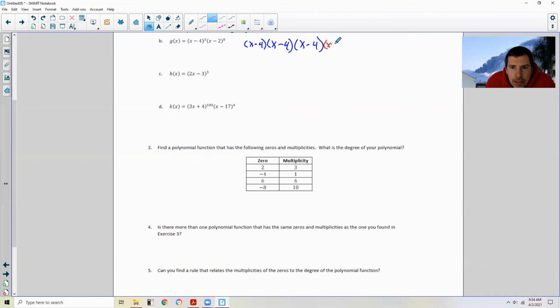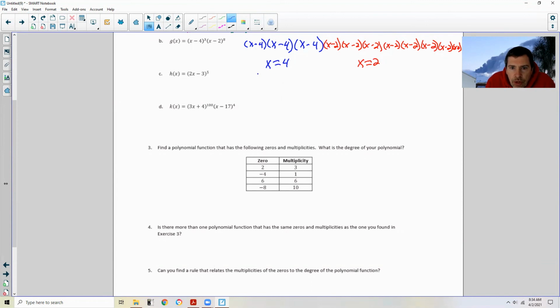So this would be x minus 2 times x minus 2, and so on, that happened 8 times. So in this case, if x minus 4 equals 0, then x has to be 4. And over here, x minus 2 equals 0, therefore x equals 2.